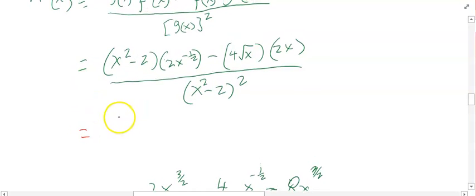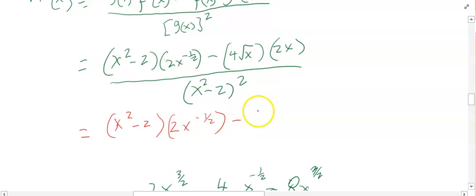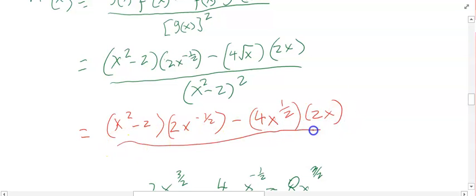So this now will be x squared minus 2 times 2x to the negative 1/2 minus 4x to the 1/2 times 2x, all over x squared minus 2 all squared.